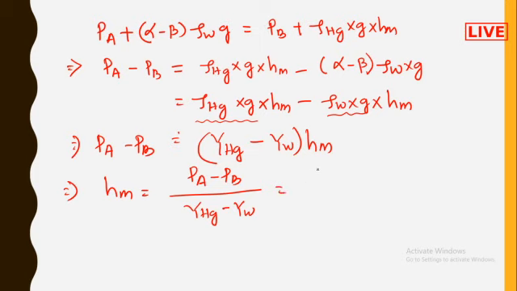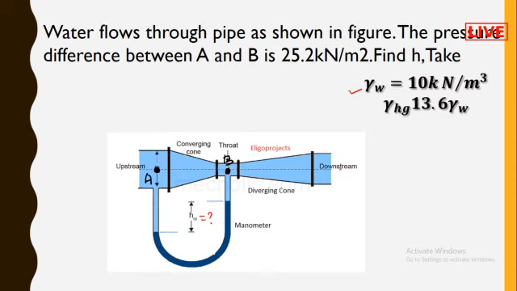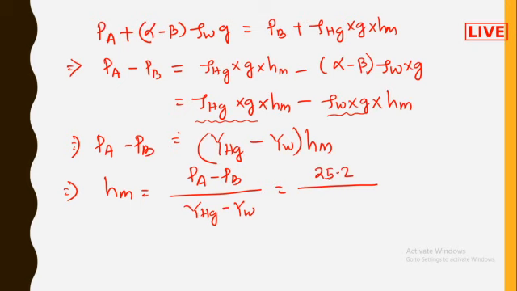This is already given to us as 25.2 kilopascal. No need to change the unit because the specific weights are already given in kilonewton per meter cube. Gamma Hg, mercury, is given as 13.6 times the specific weight of the water, so I can replace this with 13.6 minus 1 into the specific weight of the water.